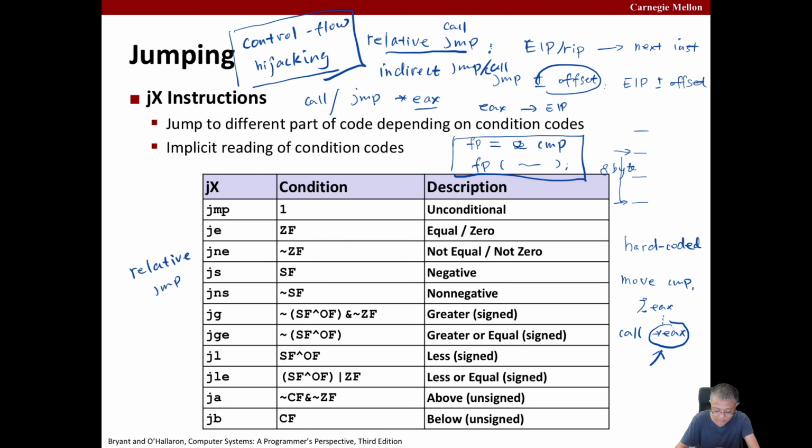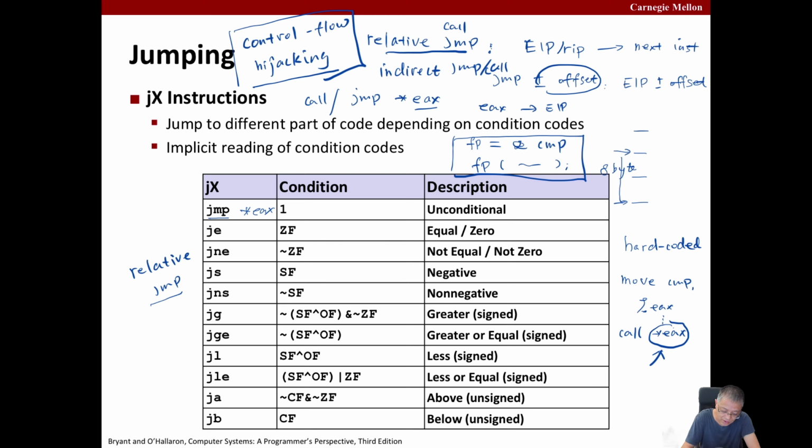But some of them can also be encoded as an indirect jump, like a jump to a register. But normally, those others are used for relative jump.